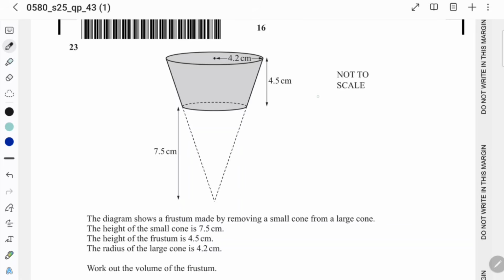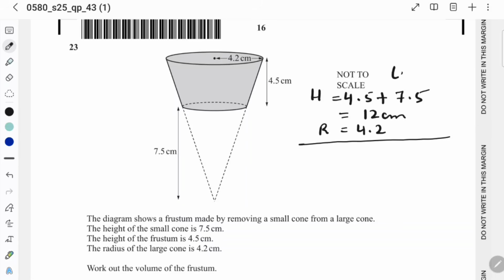The height of the larger cone, I'm keeping capital H, is 4.5 and 7.5 added together, that is equals to 12 centimeters. Then the radius of the larger cone is 4.2. This is for the larger cone. Now the radius of the smaller cone we need to find out.